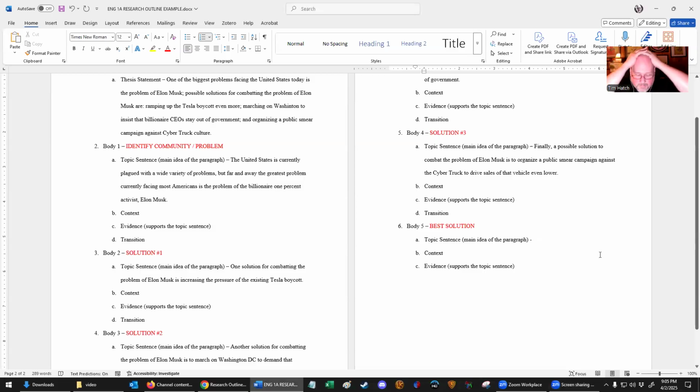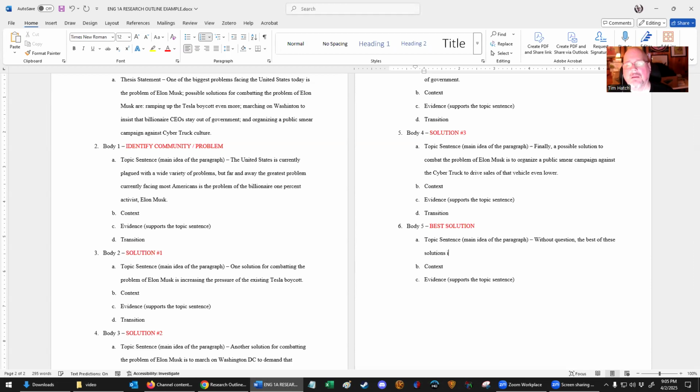So the best solution, without question, the best of these solutions is to compel Congress to, oh gosh, put laws. I'm going to go with simple language here. Put laws in place to what? I like the word neuter.